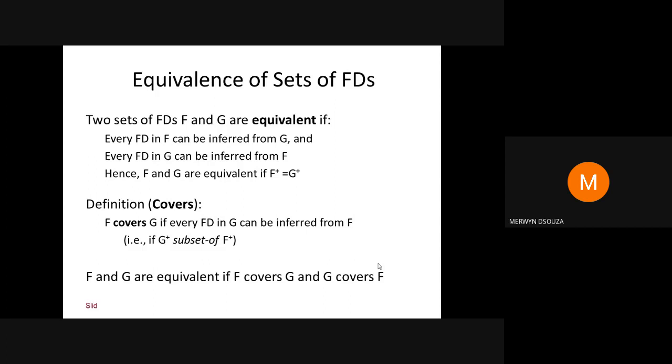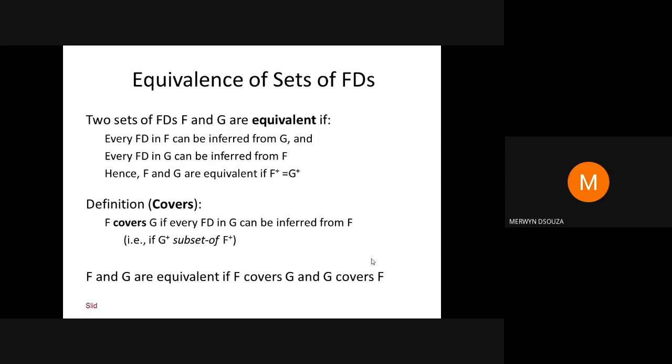Basically, we find the F closure using the functional dependencies of G, and then we find the G closure using the functional dependencies of F. If both of these are equal, then we claim that the two sets are equivalent.